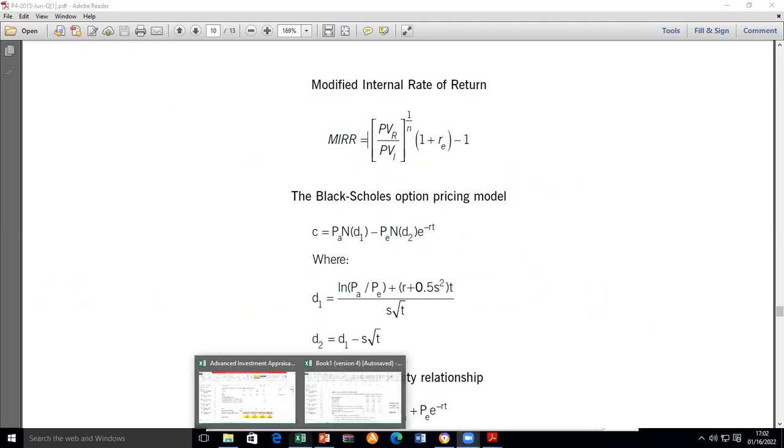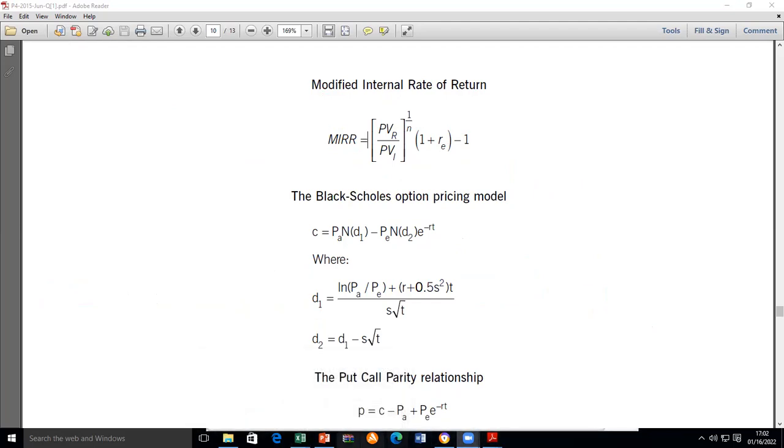Let's paste the formula so that we can use it. The formula is the present value of the return phase over the present value of the investment phase, to the power of 1 over n, multiplied by 1 plus RE. What is RE? That's our cost of capital, minus 1.